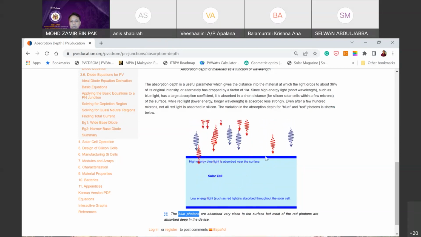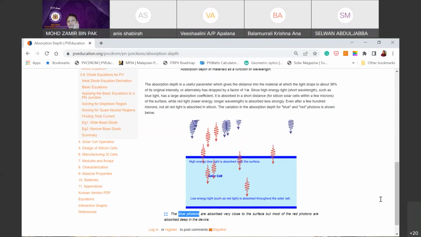So if you include another one like a green or yellow, then where do you expect to get absorption? By the order of the wavelength. Can you see this animation? Right? Okay, the balance is in the middle.